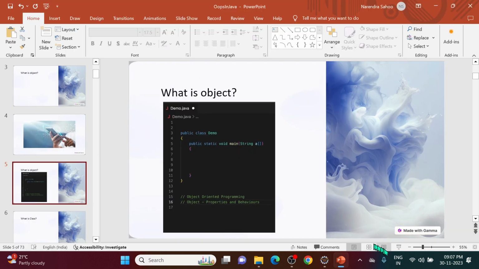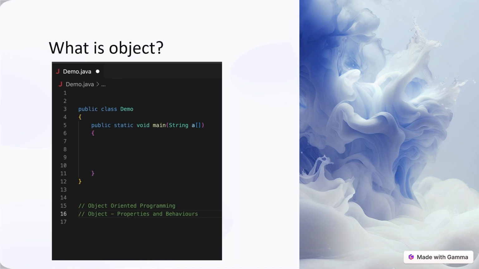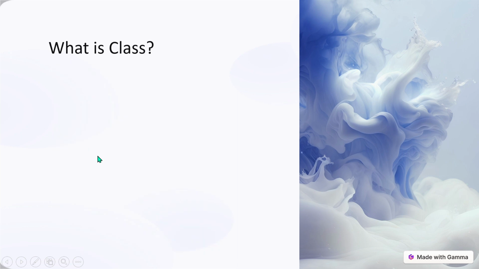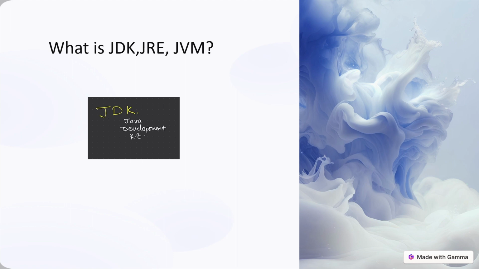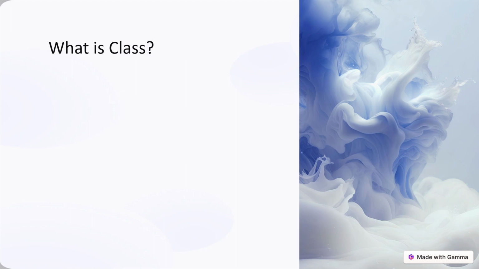Okay, so inside this class we created the object. So what is a class, what is an object? Do you have an idea now? A class does not have any physical existence.